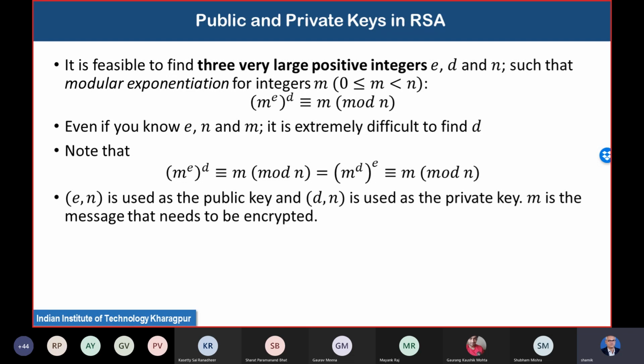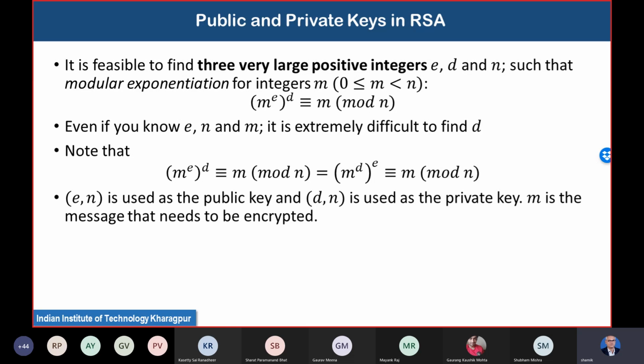And if we consider E to be the encryption key, that is the public key, so E in conjunction with N is the public key and D in conjunction with N is the private key, then if we encrypt a message with the public key, it can be decrypted with the private key, which is D, N. In contrast, if we encrypt the message with the private key, that is D and N, then it can be decrypted with the public key E, N. Okay?